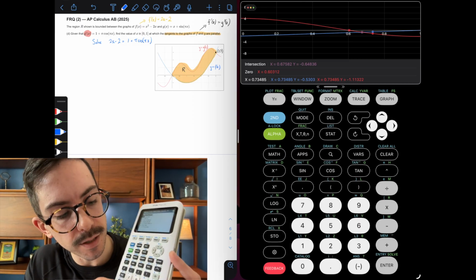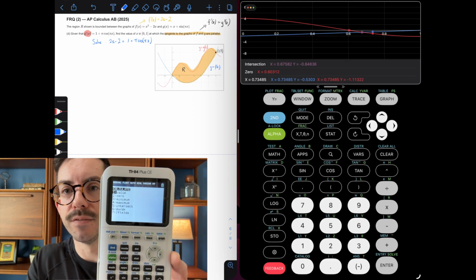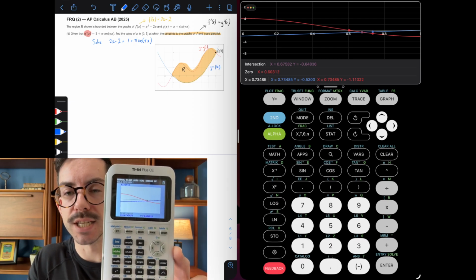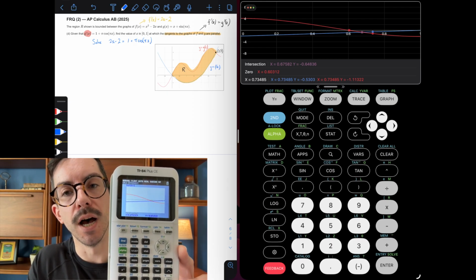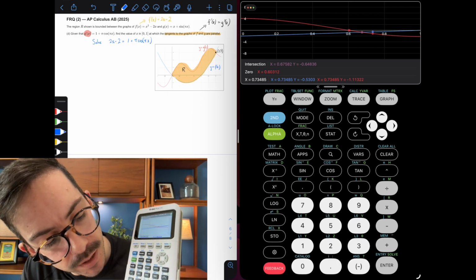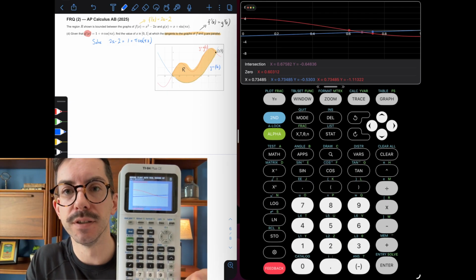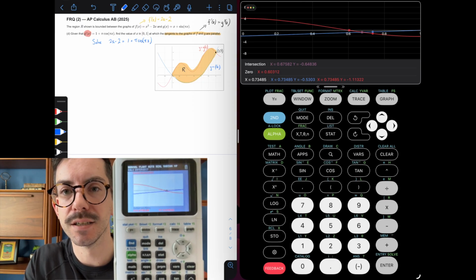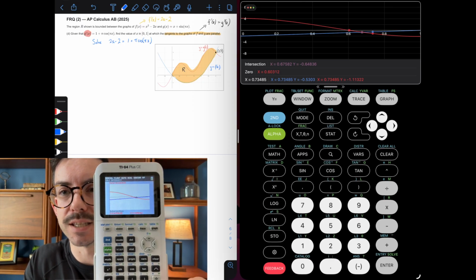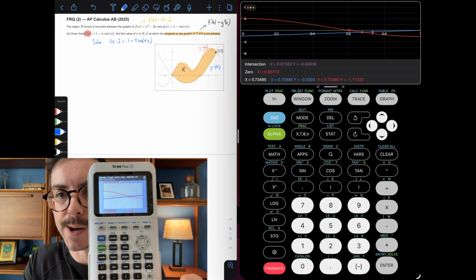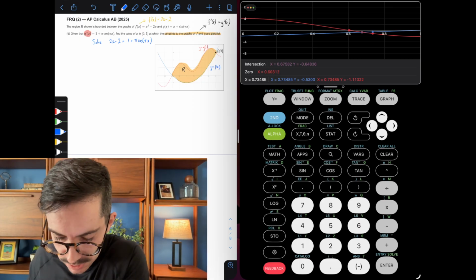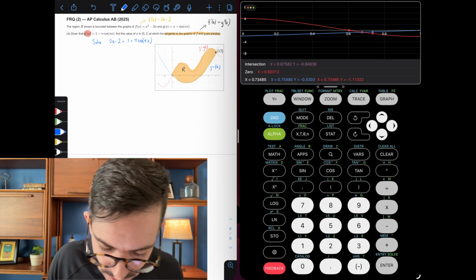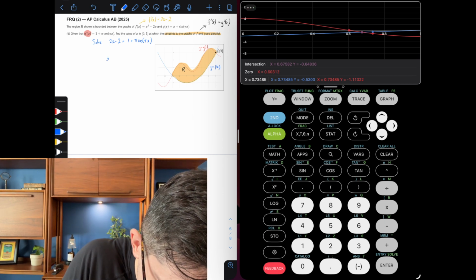It's then going to be entry 5 for the intersection, but now it's just asking you for your first curve and second curve. So you're going to hit enter for your first curve, enter for your second curve, and then your guess. And so you can see it's the same intersection point. So x equals 0.676 when we round.